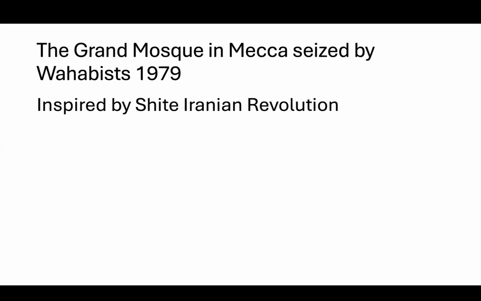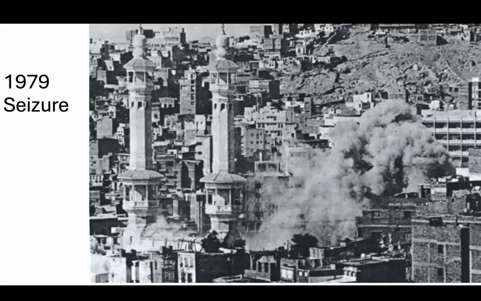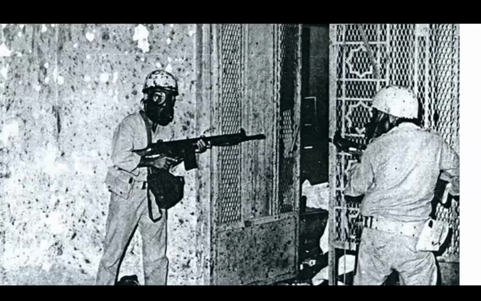So the dominoes started falling. After Iran falls, the Wahhabis are inspired by the success of Shiite jihadists, and they take over the mosque in Mecca. This is so momentous, and yet there's been so much else going on in the world, we tend not to remember that. But that's what Saudi Arabia up to that point was on a path for more reform, but not after this.